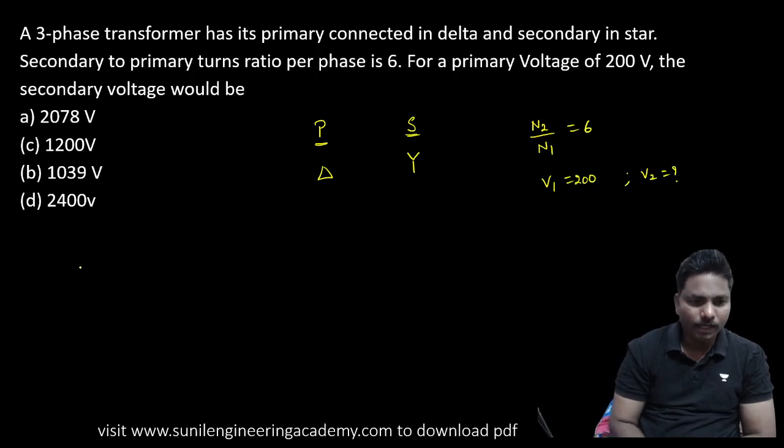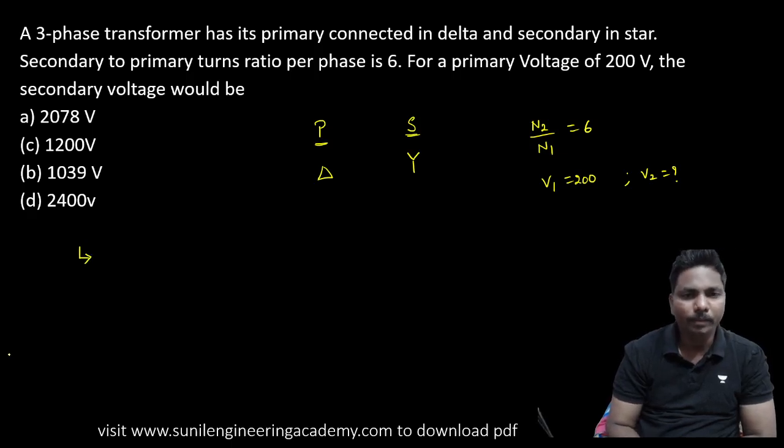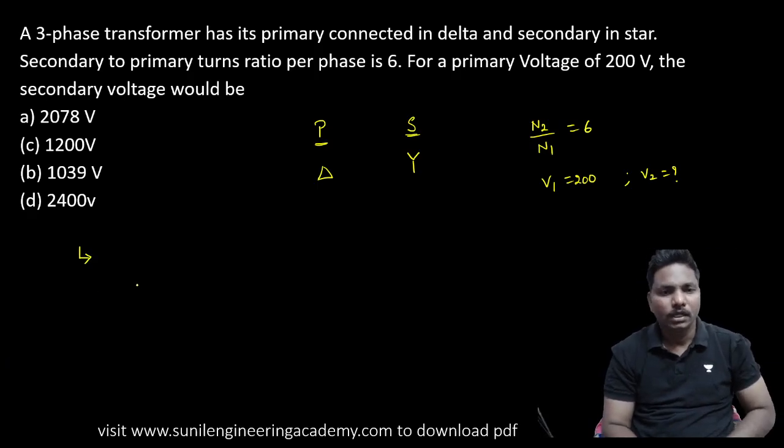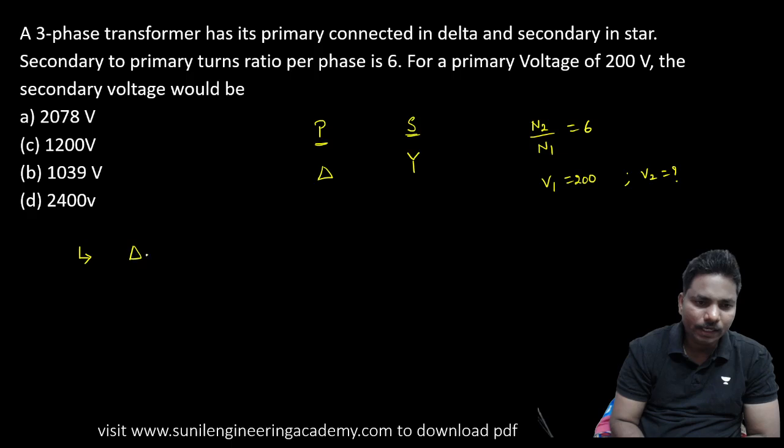While calculating three-phase transformers, we have to remember one important thing. We already know this from network analysis. In case of delta connection, voltages are the same. Line voltage is equal to phase voltage. But line current is higher, correct?